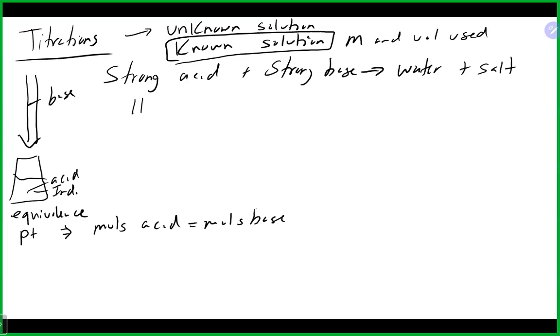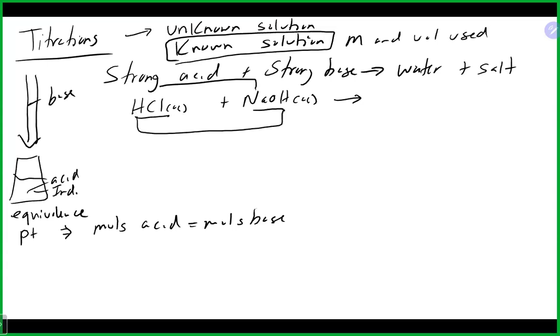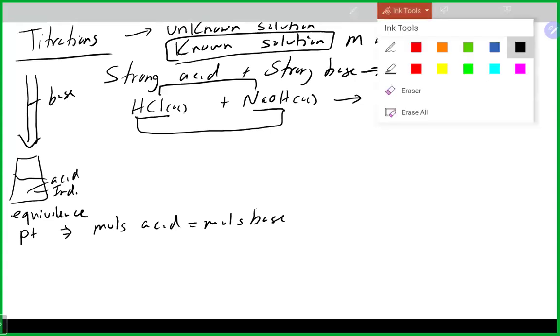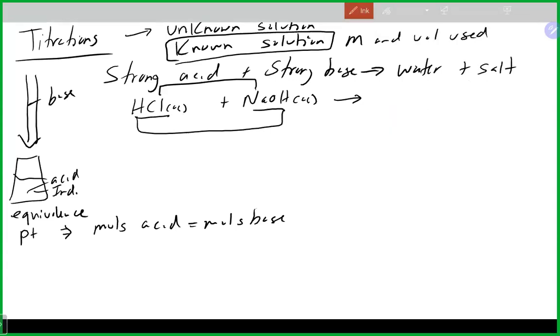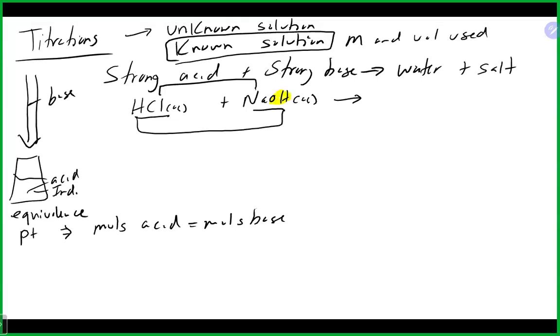So if we had something like hydrochloric acid reacting with sodium hydroxide, this again is a strong acid and a strong base. Remember that that is the type of reaction that we talked about in a previous chapter. That is a double displacement reaction. And basically we're going to switch partners here. So these guys are going to switch. And also remember that pretty much when you have a strong acid and a strong base, 100% of the time the water comes from the H from the acid and the OH from the base.